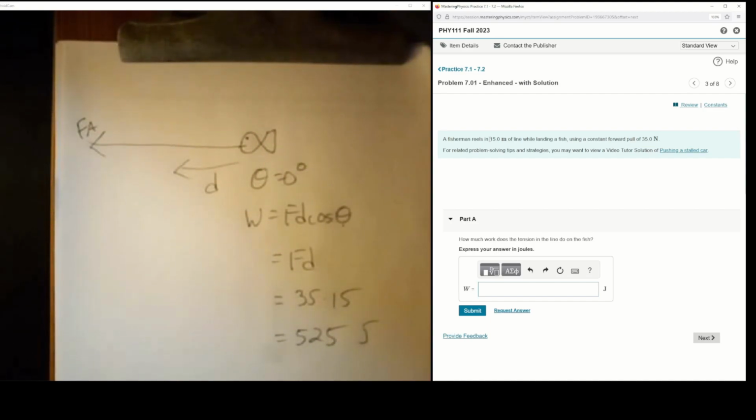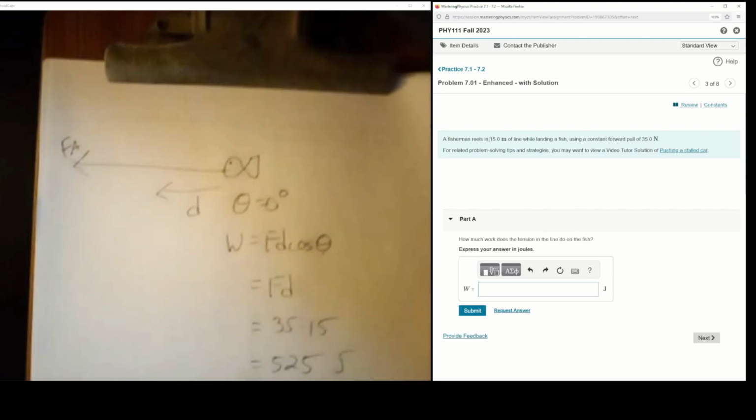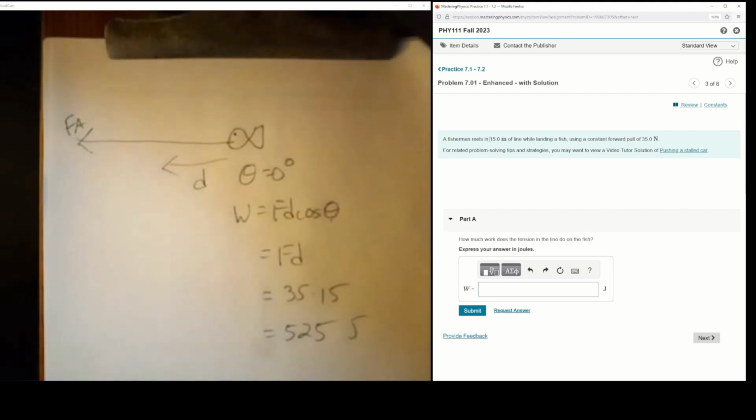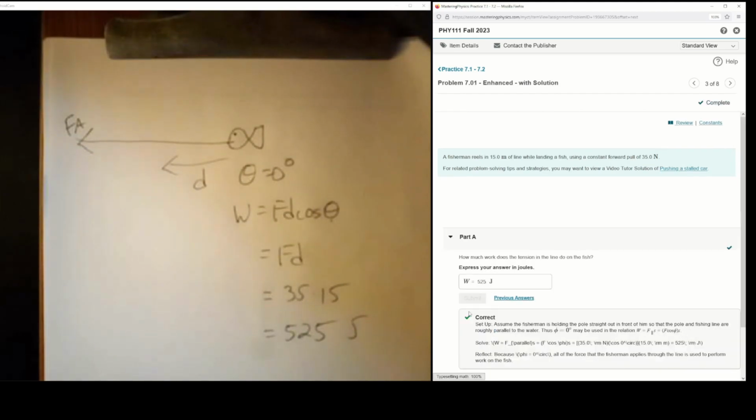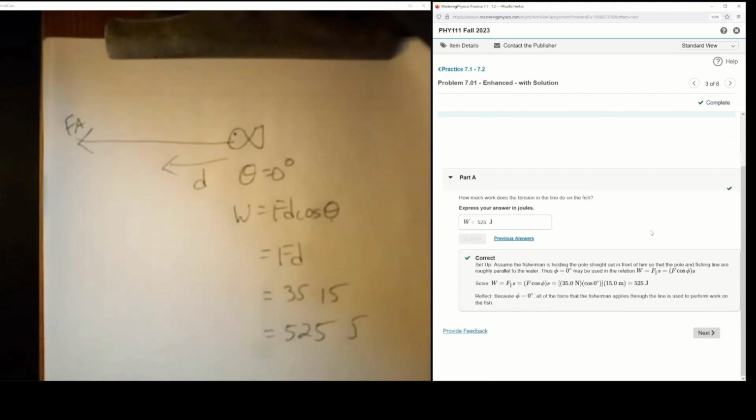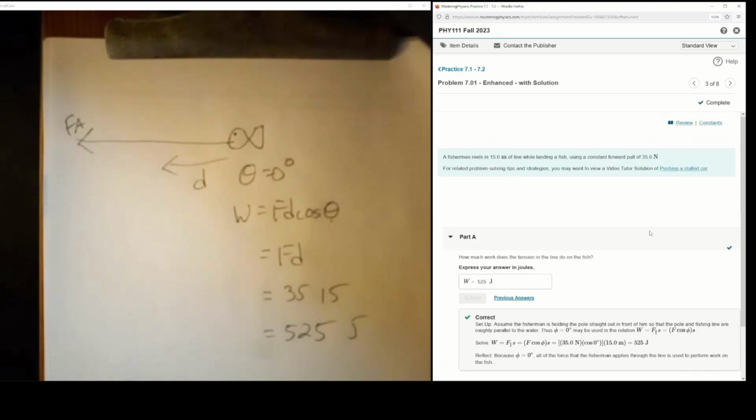So that fisherman had to expend 525 joules of energy to reel in that fish. Oh, this is meant to be a J for joules. We'll check out the next one.